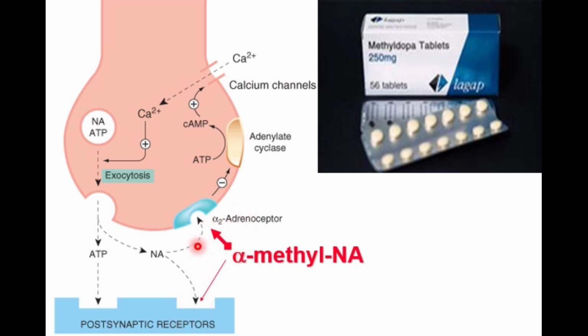However, on perisynaptic alpha-2 adrenergic receptors, alpha-methylnoradrenaline is more potent than noradrenaline. If you remember, presynaptic alpha-2 autoreceptors exert a negative feedback, inhibiting neurotransmitter release.